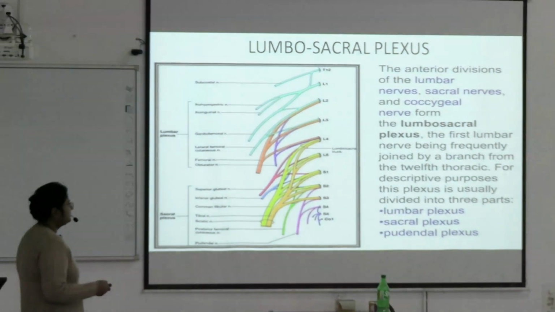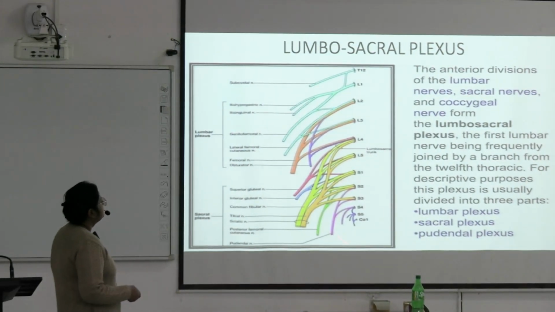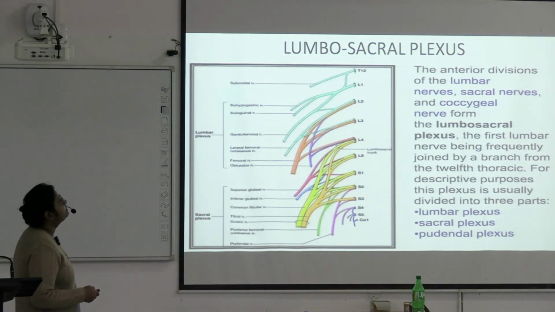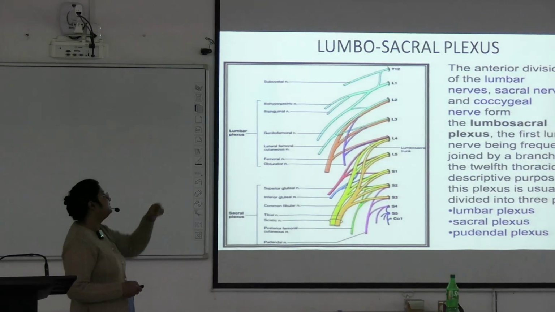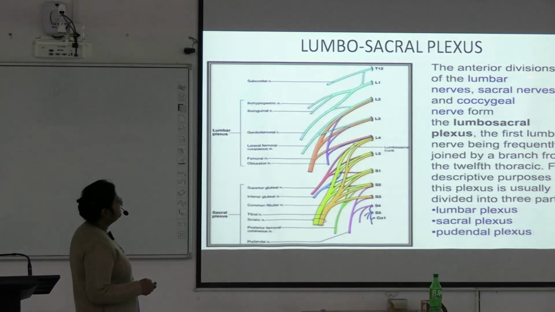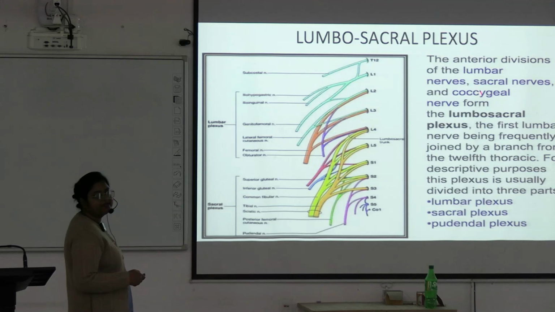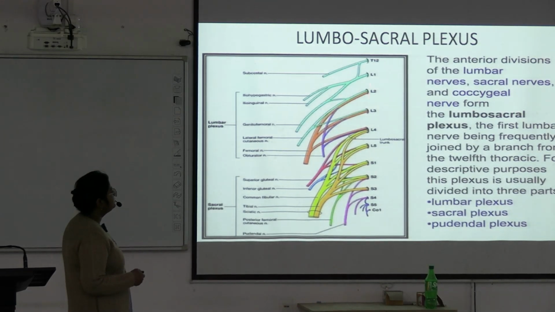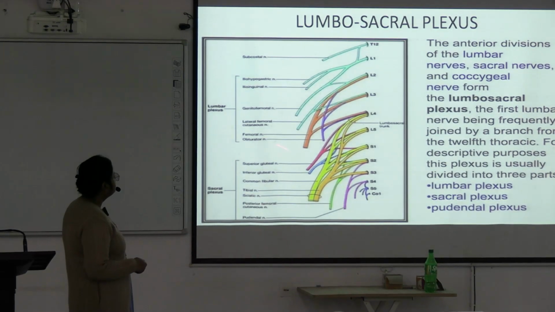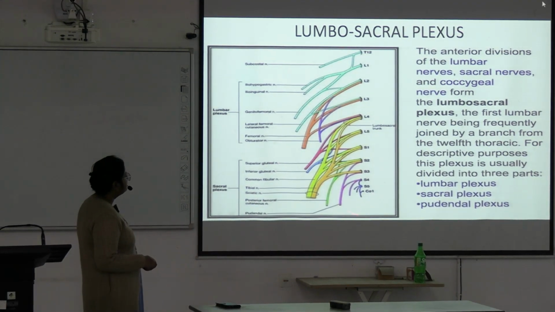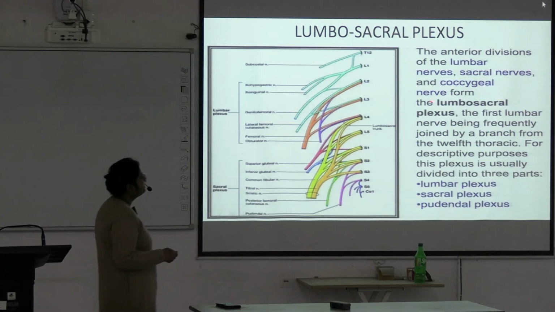Okay, so lumbosacral plexus. The anterior divisions of the lumbar nerves, sacral nerves and coccygeal nerve form the lumbosacral plexus. Okay, so this part is lumbar plexus, this is sacral plexus, and this part is the pudendal plexus or coccygeal plexus.